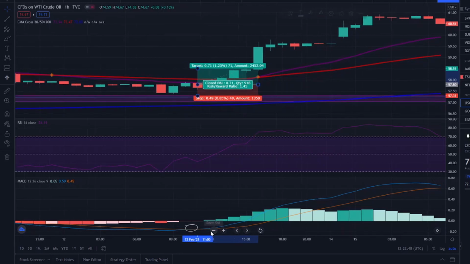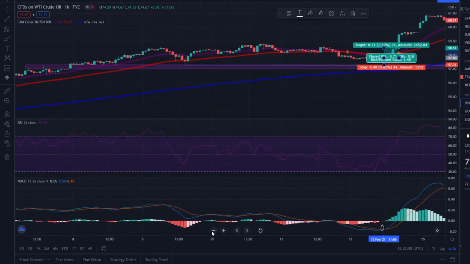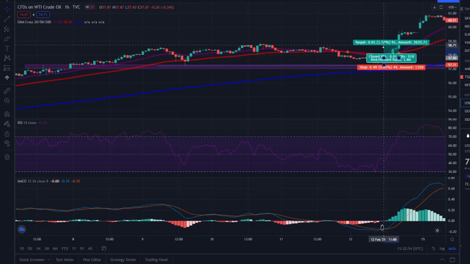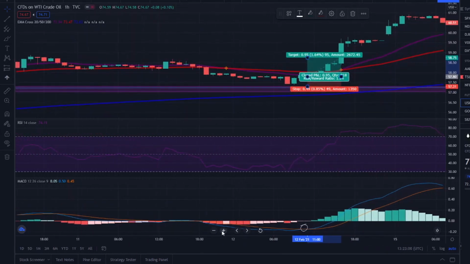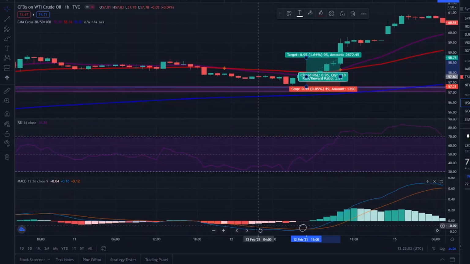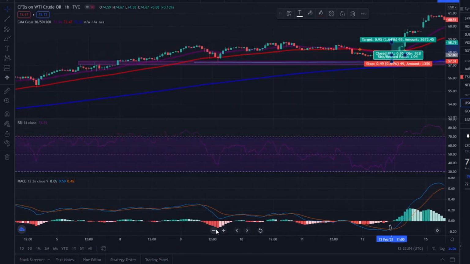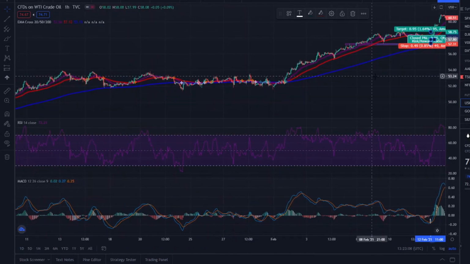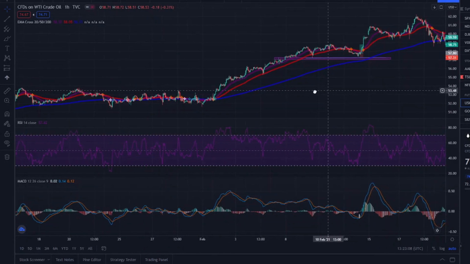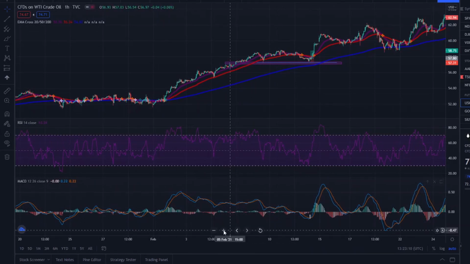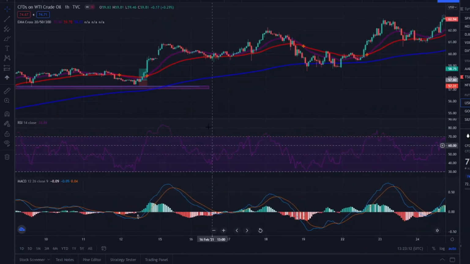Now for the exit, we want to target the previous highs, which would be here almost a risk reward of 1 to 2. But actually, since this is a very bullish sign and bullish trend, we want to go for a bigger risk reward ratio.